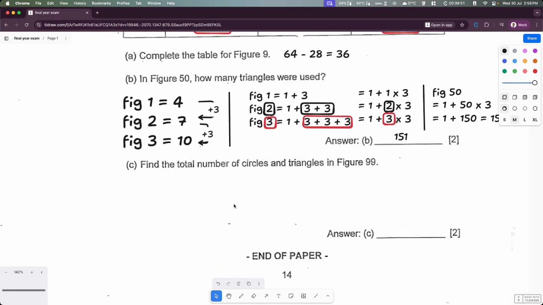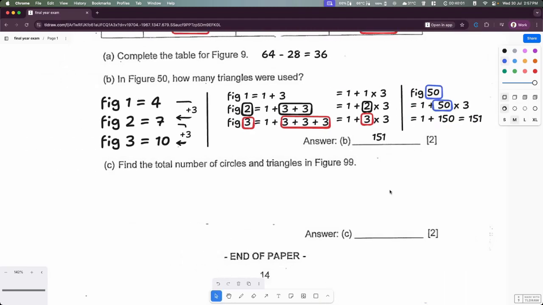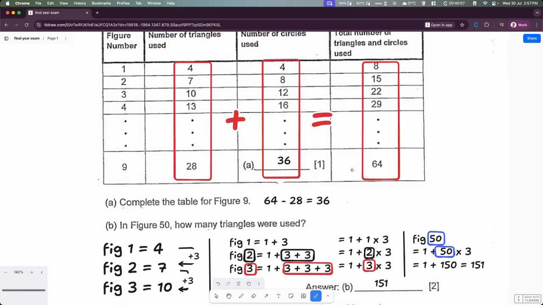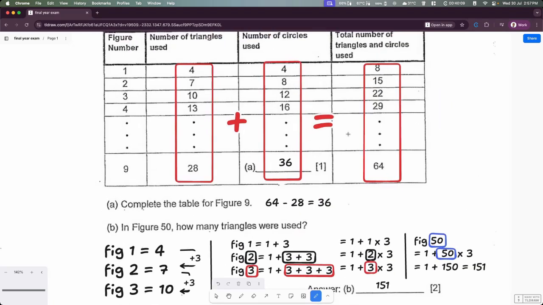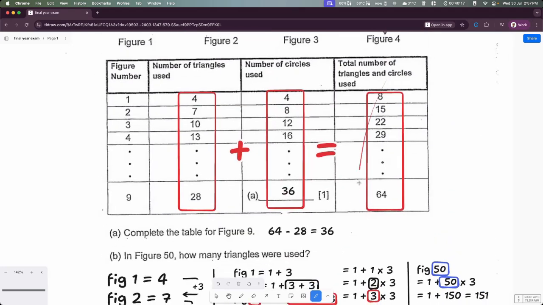Then last one. So I'm just going to put another rectangle. This will be purple. Okay, last one. Find the total number of circles and triangles in figure 99. We can technically figure out how to create the circles, but for me, I just want a shortcut.